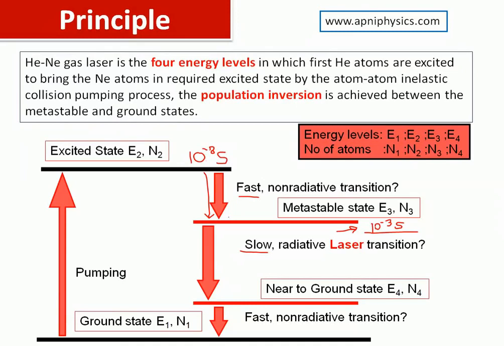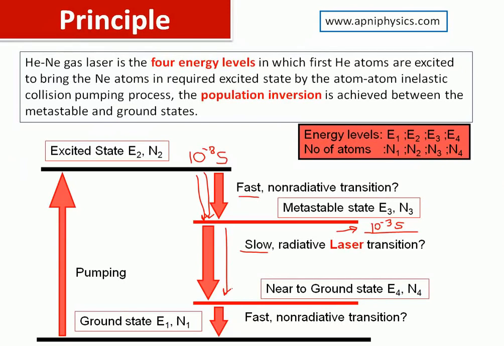So most of the atoms will stay here longer as compared to the excited state, and because of that this transition will be slower. All the atoms immediately jump into this particular state. Is the transition fast or slow? The transition will be fast. Atoms stay here longer, right? So will that transition be slow or fast?